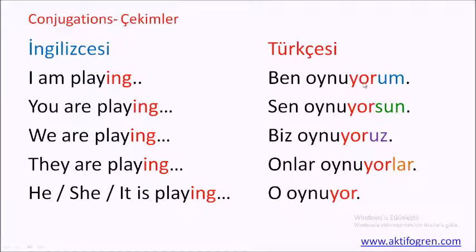So here, the same way, um, sun, uz. You know, in Turkish we always have to remember to describe the subject pronouns or the personal pronouns in another way. To describe that, we use the suffixes. Okay, um shows the ben, which means I. Sun means you. Uz means we.